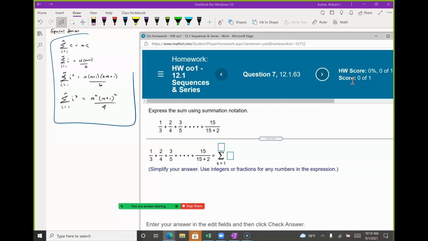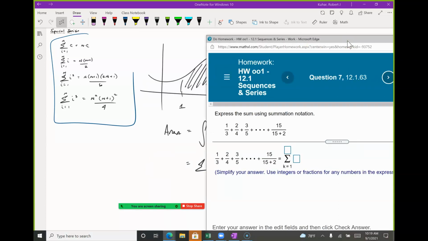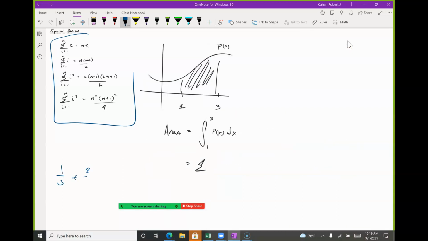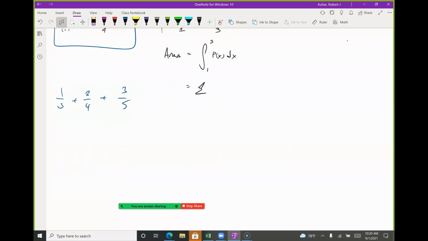Can you come up with the nth term for me? So you see, my numerators are 1 and 2 and 3. The numerator is n, right? Everybody there? I've got 1/3 plus 2/4 plus 3/5, and I'm trying to put that in sum notation from i equals 1 to whatever it said.